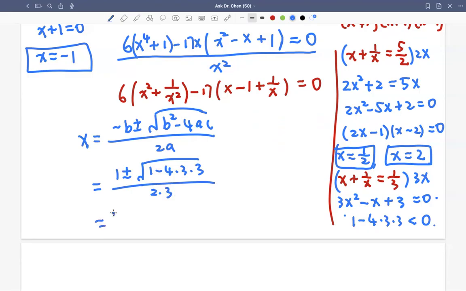So that gives us 1 over 6, 2 times 3 is 6, plus minus the square root of 1 minus 4 times 9, 36, so negative 35, divided by 6. So 2 complex solutions. So overall, we have 5 solutions, 3 rational solutions and 2 complex solutions.